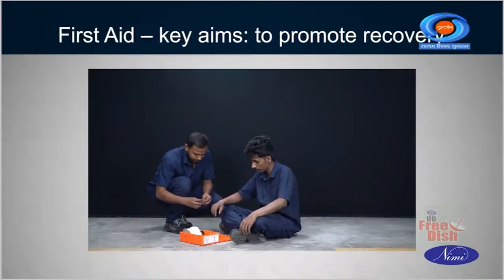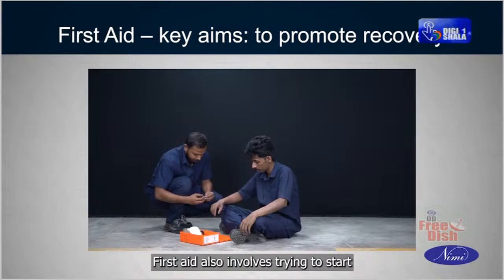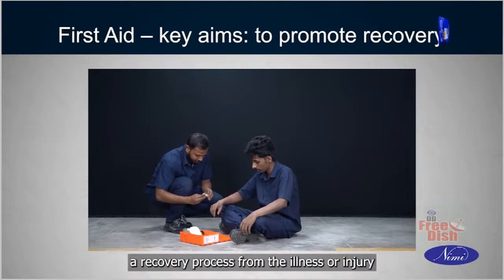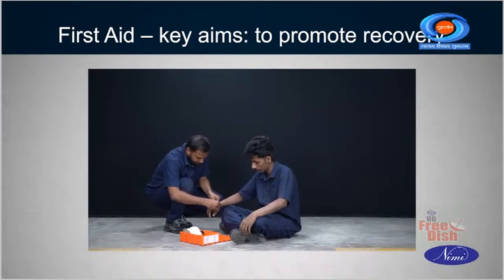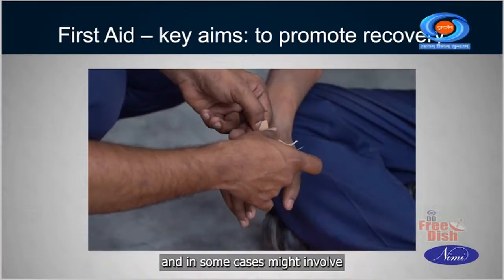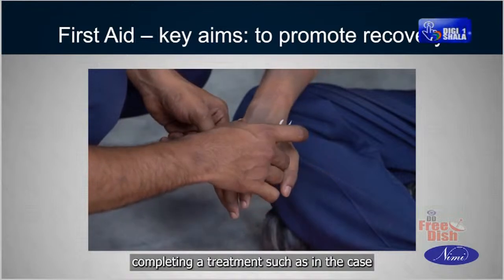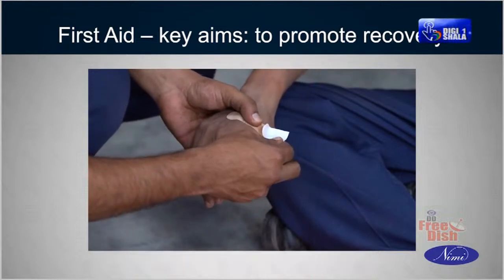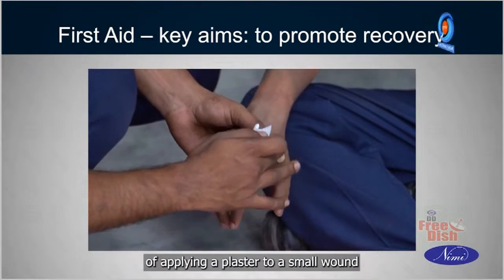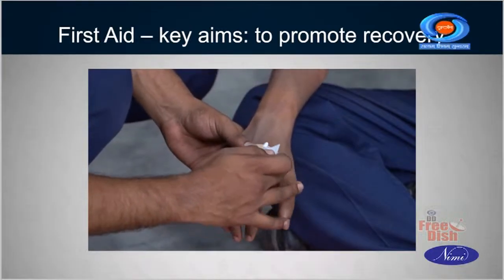Promote recovery. First aid also involves trying to start the recovery process from the illness or injury, and in some cases might involve completing a treatment, such as applying a plaster to a small wound.